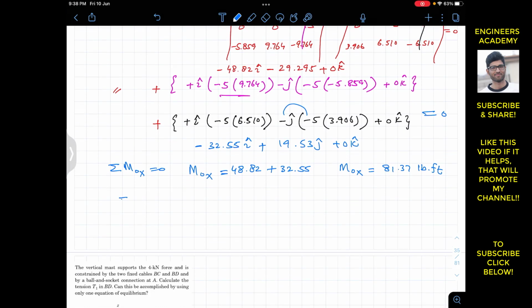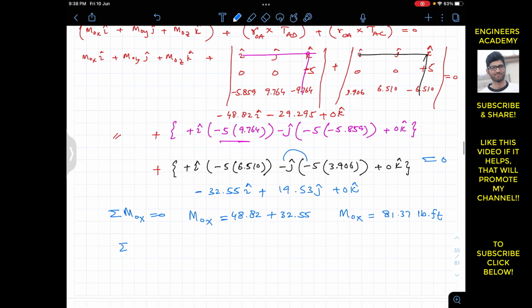Similarly, we will apply the summation of the moment about y equals to 0. Now we have to add up all the y components. This is MOY, and then this y component, this is minus 29.295j, and then we have this j component, which is plus 19.53, and this will be equal to 0.